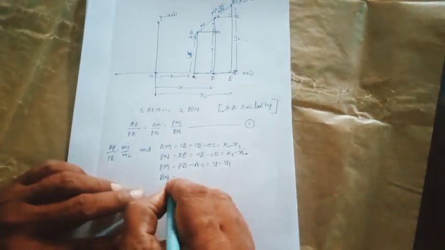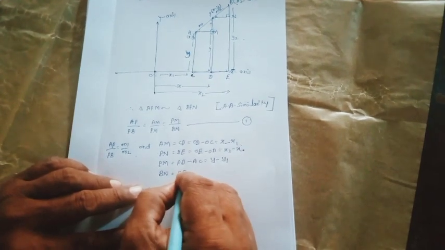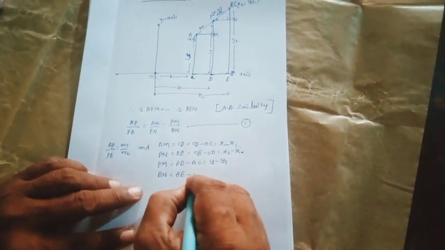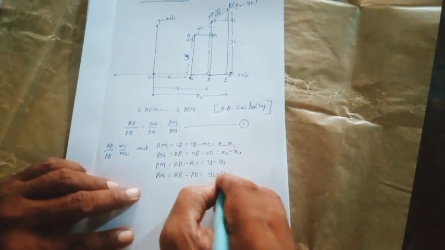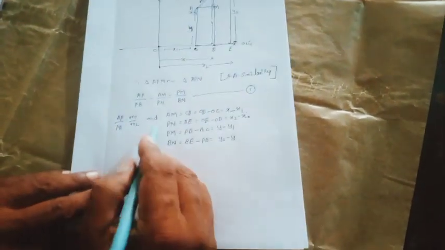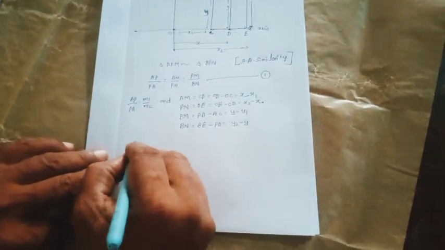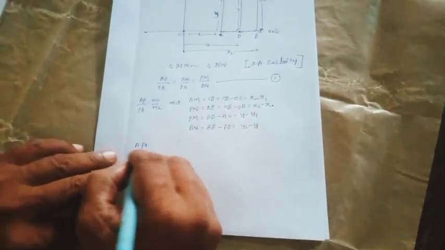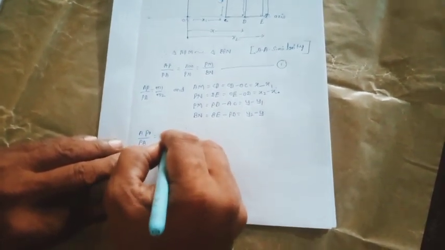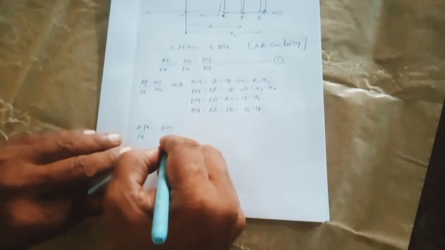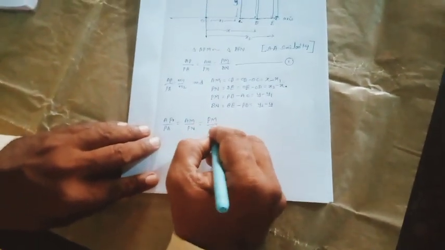Now substitute all these values in equation number 1. Equation number 1 is AP divided by PB, which is equal to AM divided by PN, which is equal to PM divided by BN.